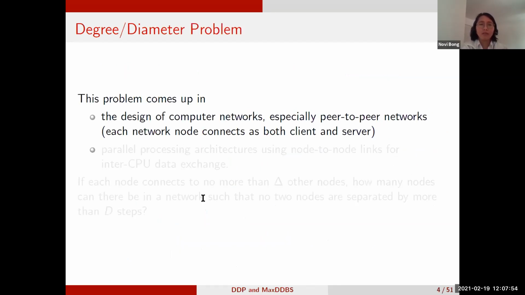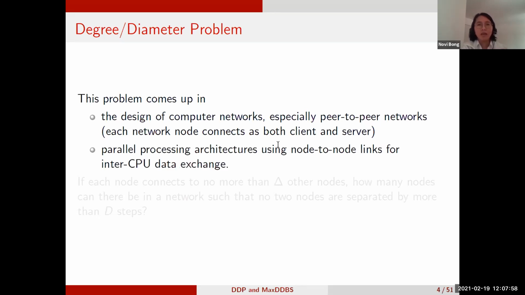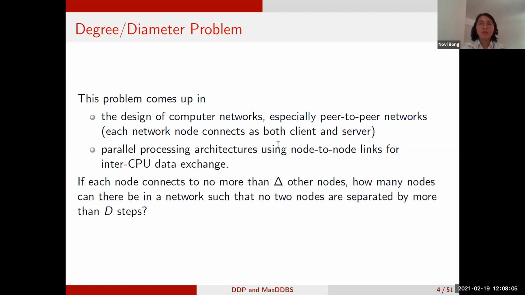Now, the degree diameter problem comes from the design of computer networks and parallel processing architecture. The question was: if each node connects to no more than big Delta other nodes, how many nodes can there be in a network such that no two nodes are separated by more than D steps? So you have a limitation on the connections of each node, but you also want to reach as far as possible.